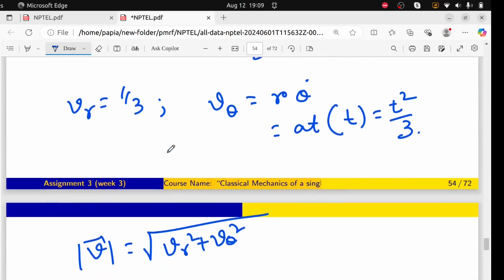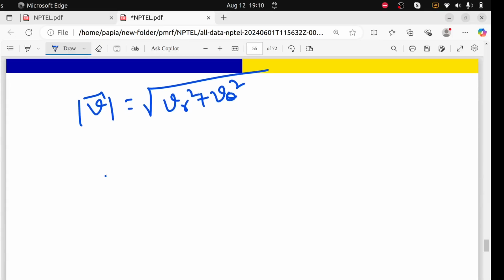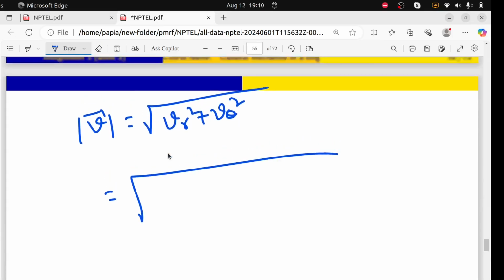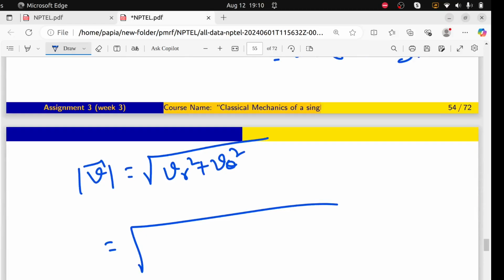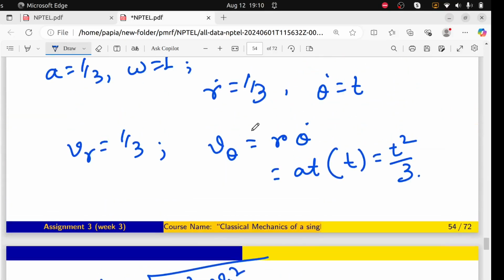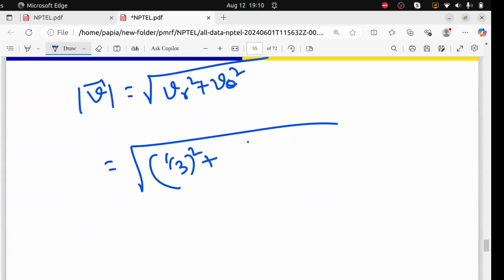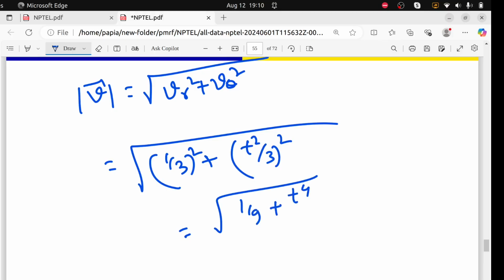Let me do it in general form first. Vr is 1 by 3, so 1 by 3 whole square plus t square by 3 whole square, so it is 1 by 9 plus t to the power 4 by 9. So 1 by 3 root over 1 plus t to the power 4.